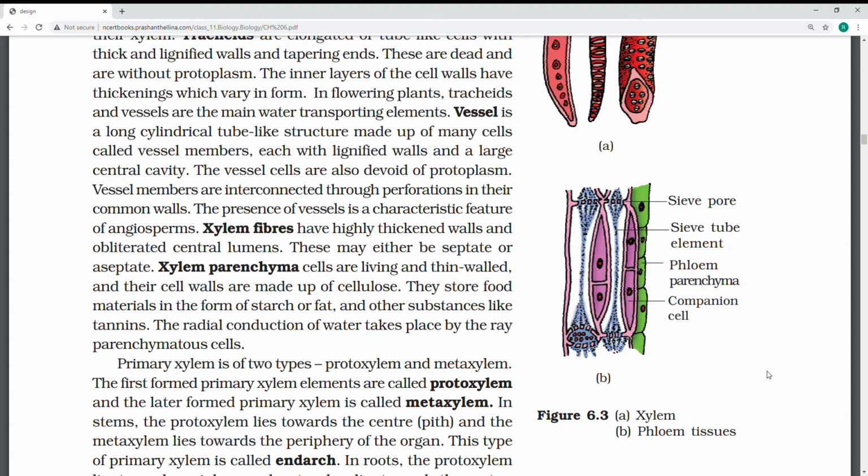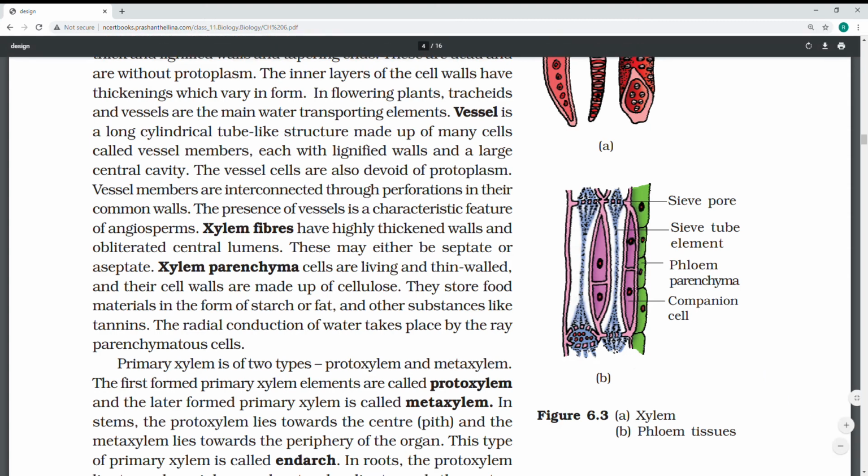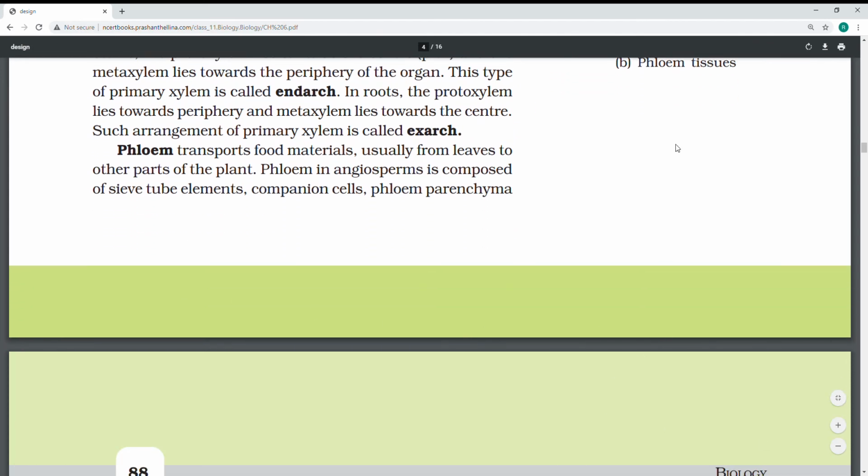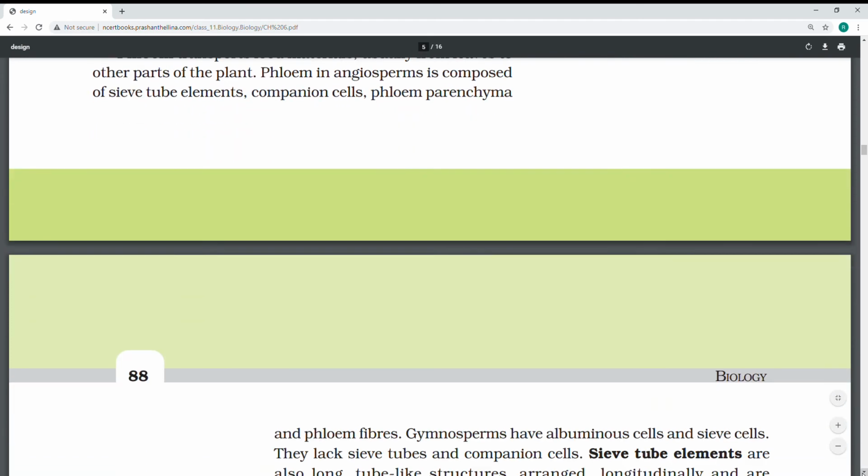Xylem is unidirectional and phloem bidirectional; the xylem transports water. In a centrovascular bundle the xylem is at the center, but here it is at the sides. I hope you understood, but I am moving on to the tissue system. See exarch and endarch also, where the primary xylem is exarch or endarch.